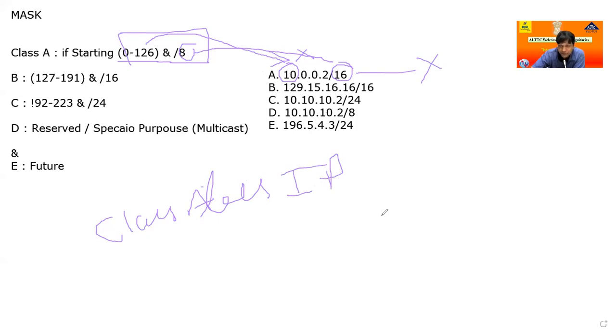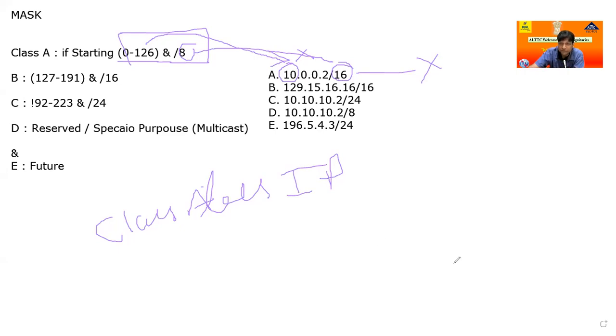Okay, so now again give the answer out of the five options A, B, C, D, E. Which IP address belongs to class A? Please try again. Option A is not a class A IP because only one condition is followed. D, you are saying class A. Yes, Satvik, yes.